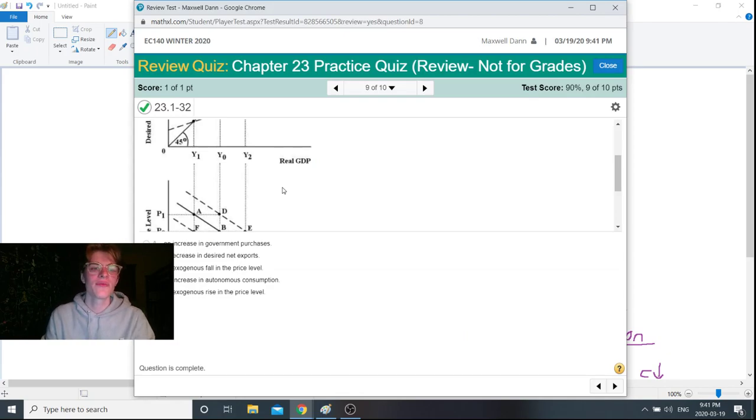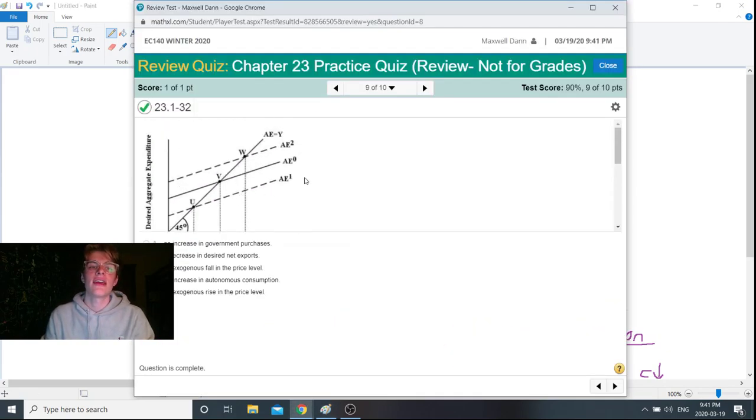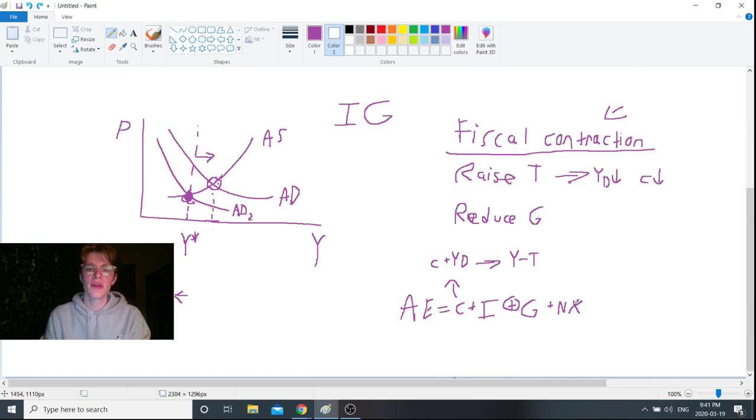So it wasn't that. So what else can cause a decrease in the aggregate expenditure function? I don't need to write out the formula again. We can just look at it. So all of these variables, all of them are positively related. So if any of them went down, that would cause a decrease in the AE function, right?